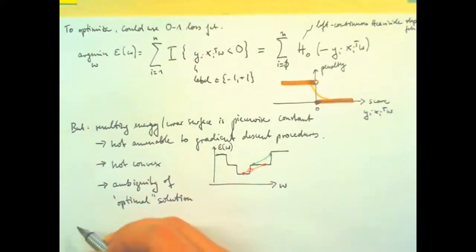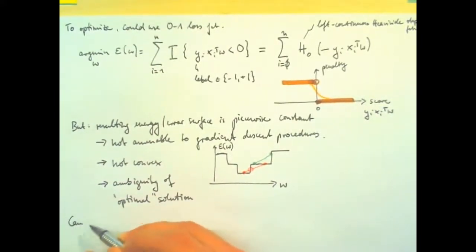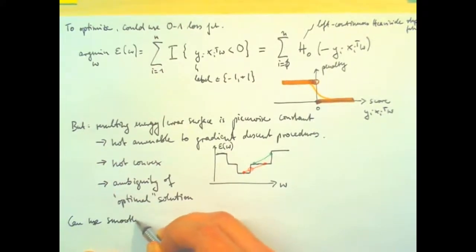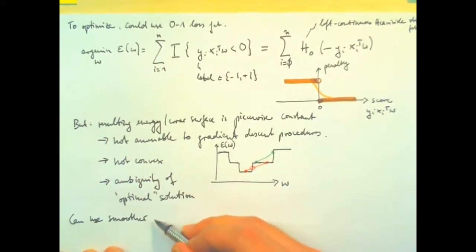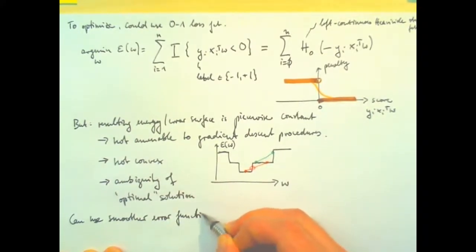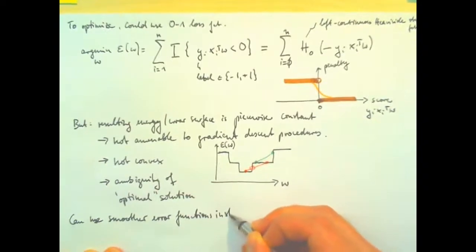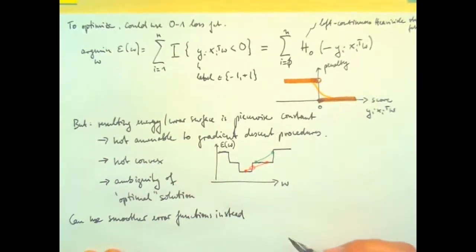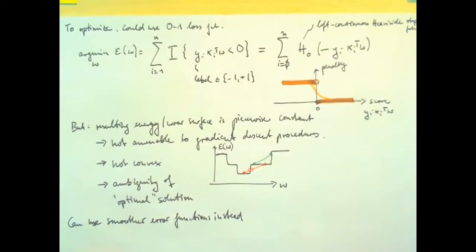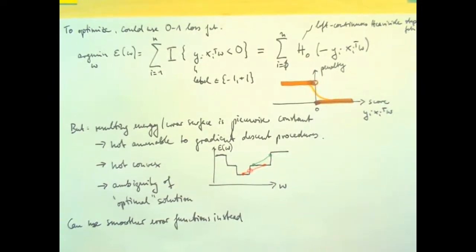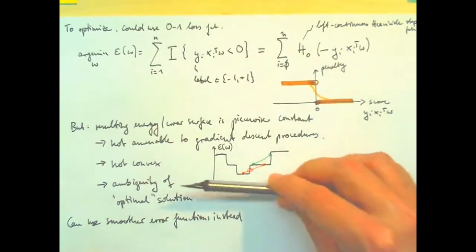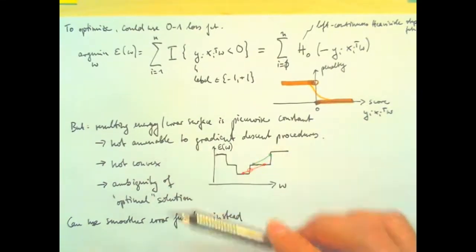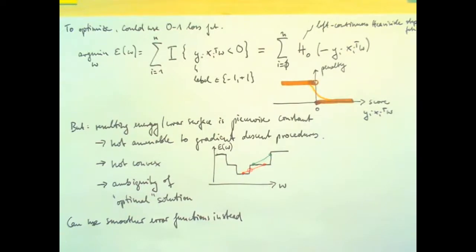So one can use smoothed error functions instead. That will leave the non-convexity, but it can help with this ambiguity, and it can help by allowing the use of gradient descent procedures.